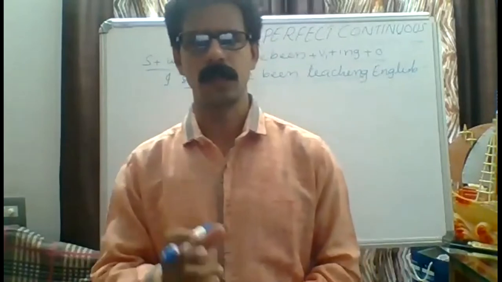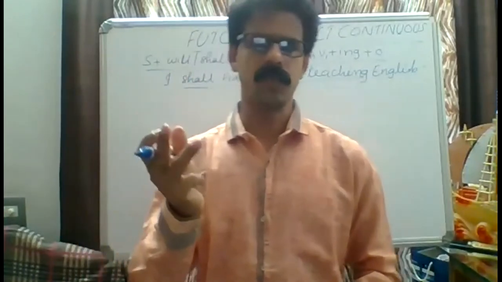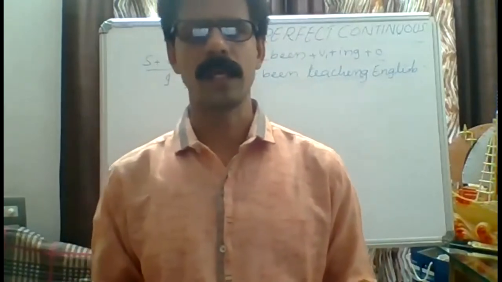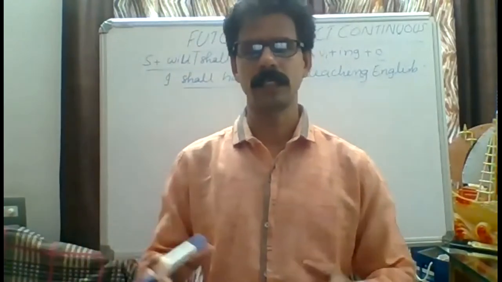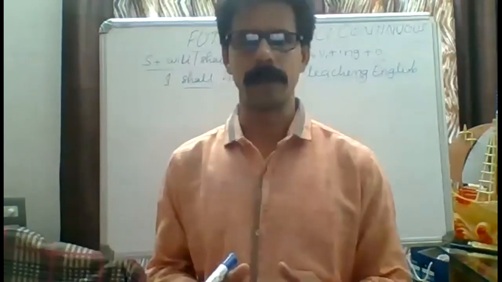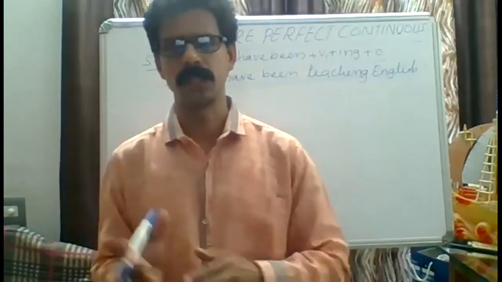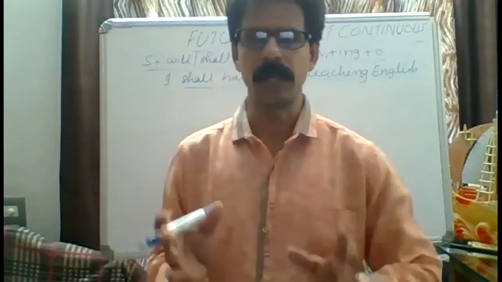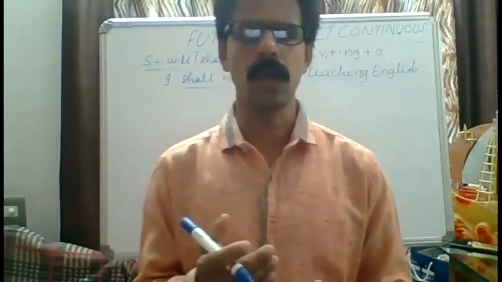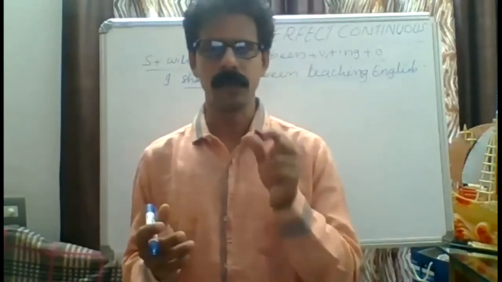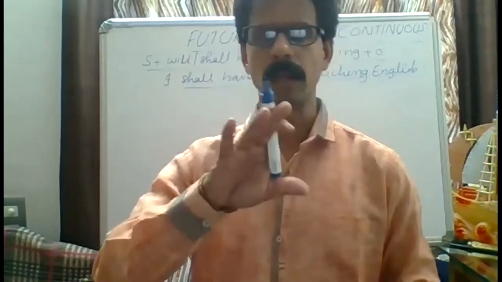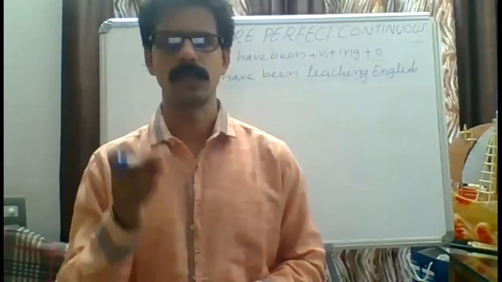So, present perfect continuous, past perfect continuous, and future perfect continuous. In brief, but also in detail, we have completed all the parts. So everybody understood the usage of each tense. Everyone should remember the usage of all these tenses and structures.